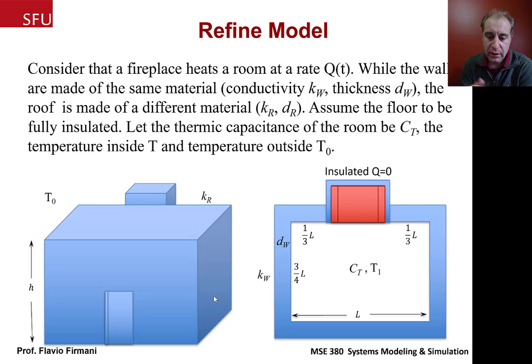But we can go beyond that, and we can start developing a more accurate or representative model by including radiation within the room and determine what would be the temperature on each side of the walls, or the gradients that we're going to have inside the room.